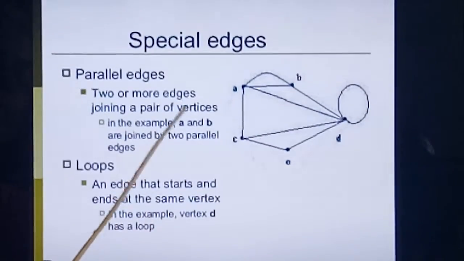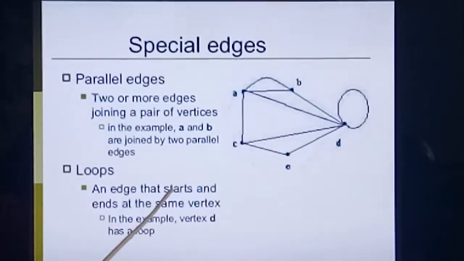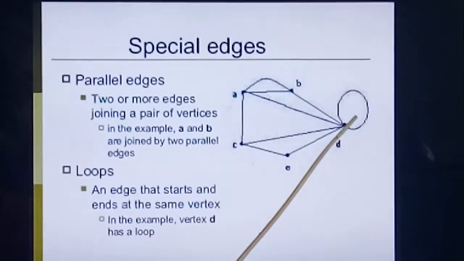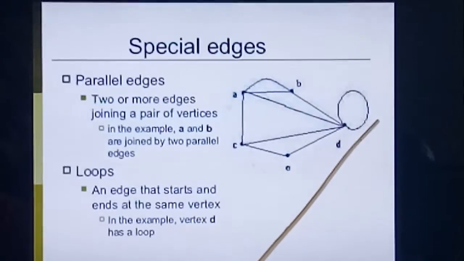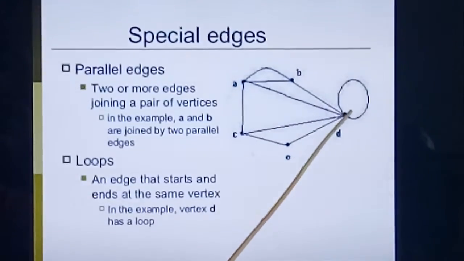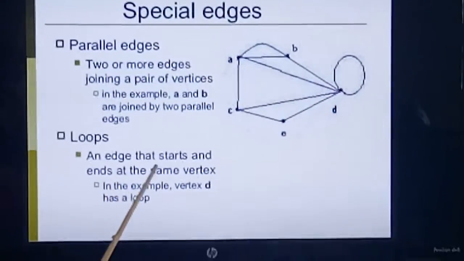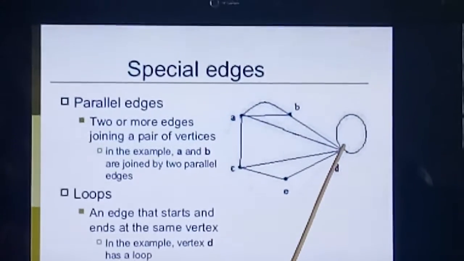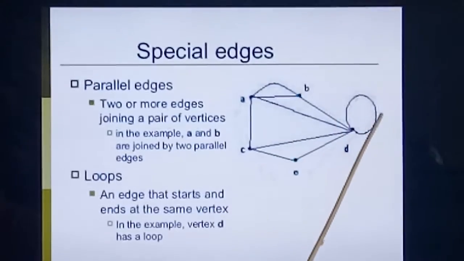You have two types of edges. One is the parallel edge, the other one is the loop. The edge that starts and ends at the same vertex, you call it a loop. Here you could see this example D. This is nothing but a loop.